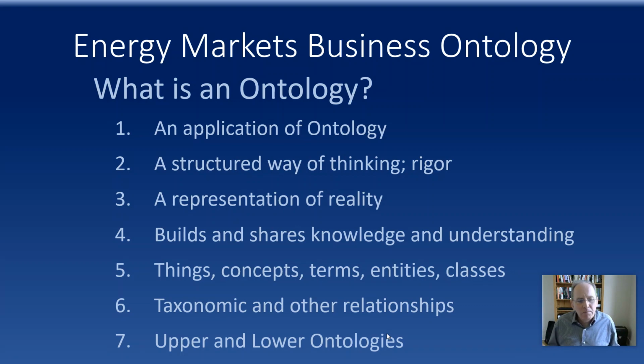So what's an ontology about? Well, things, concepts, terms, entities, classes, it's about all of these things, really. There are slight subtleties in what all of those things mean. And as we dig further into the ontology, I hope that will become apparent.